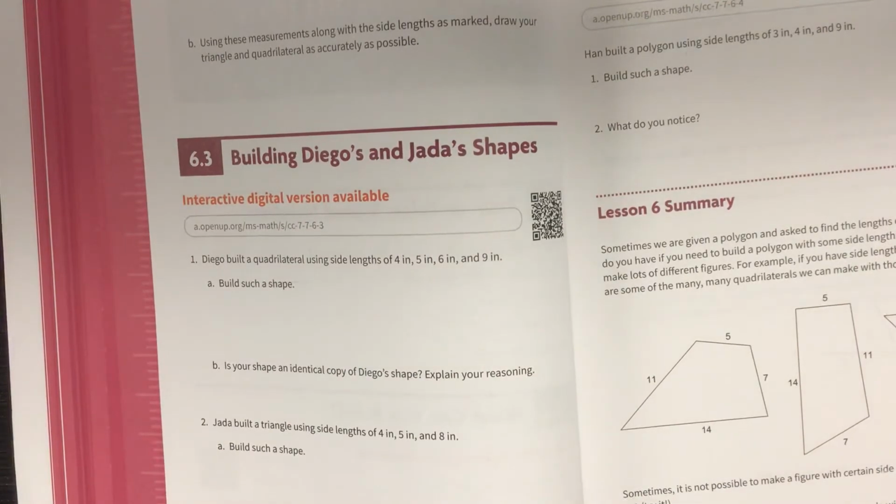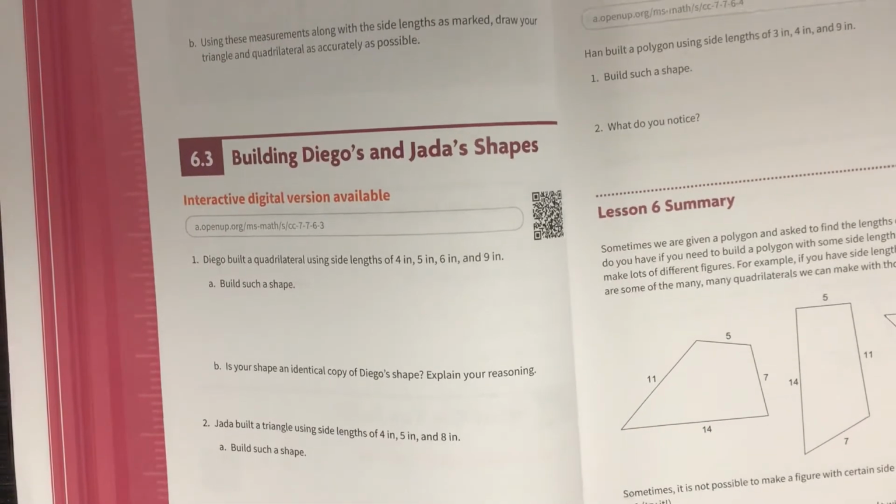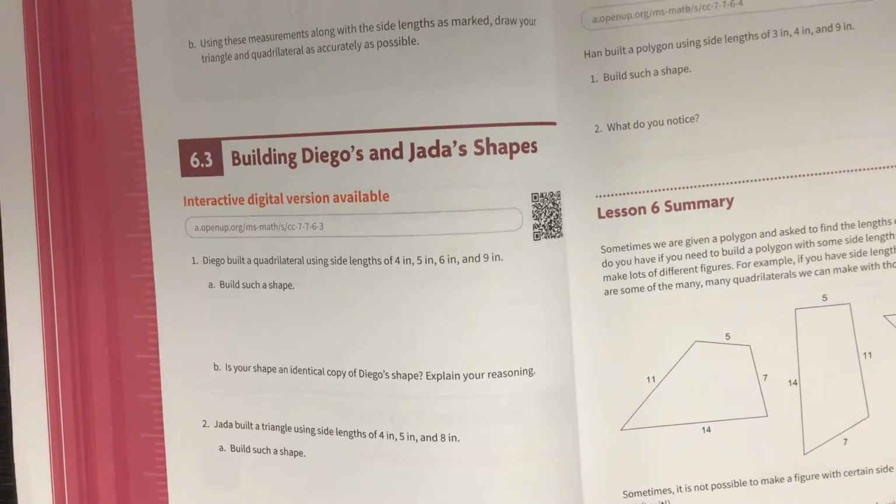Is your shape an identical copy to everybody else's? No. Explain your reasoning. They have different angles. Just because the sides are the same length doesn't mean you're going to get the same shape.